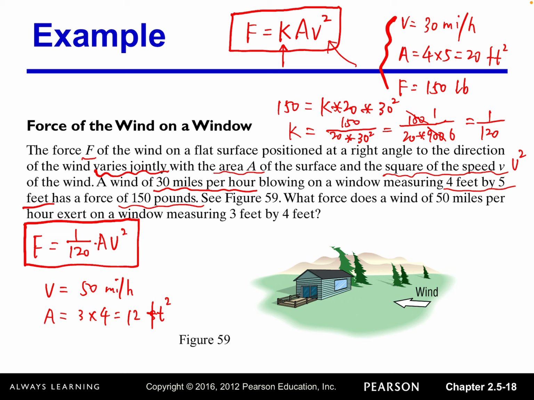Then we calculate the force, so we plug in 1 over 120 times A, which is 12, times V squared, that's 50 squared.